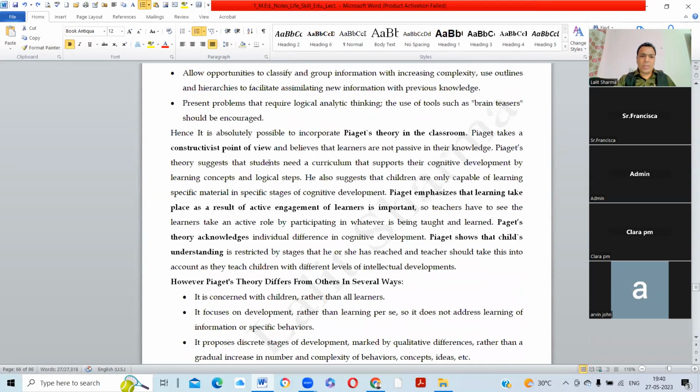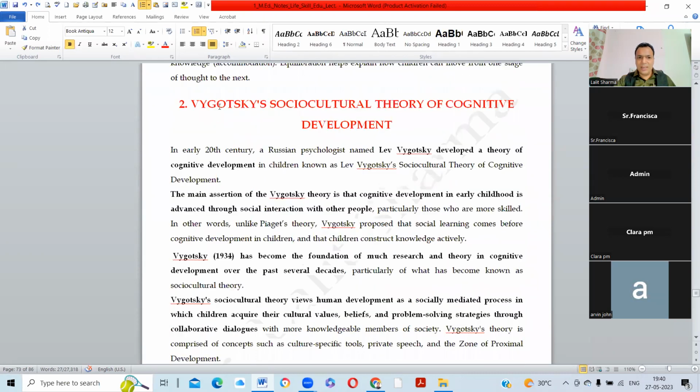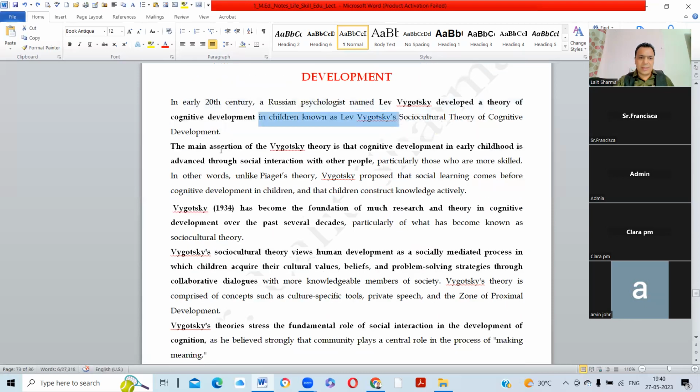After Piaget's theory comes Vygotsky's theory, the social cultural theory of cognitive development. All these 4 theories are related to cognitive development. In the early 20th century, a Russian psychologist, Lev Vygotsky, developed a theory of cognitive development in children known as this.